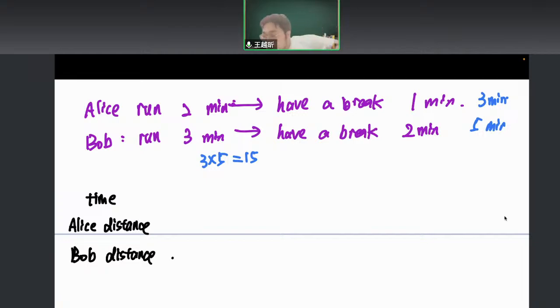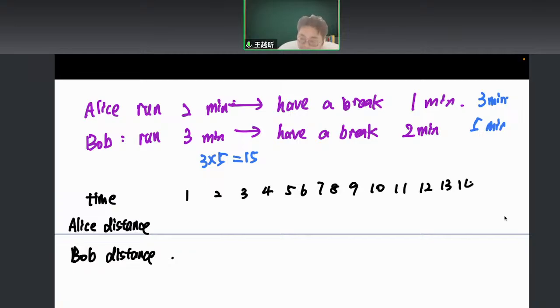And we know, for example, this way is 1, 2, 3, 4, 5, 6, 7, 8, 9, 10, 11, 12, 13, 14, and 15. So for Alice's distance, it should be 1, 2, 2, 3, 4, 4, 5, 6, 6, 7, 8, 8, 9, 10, 10.